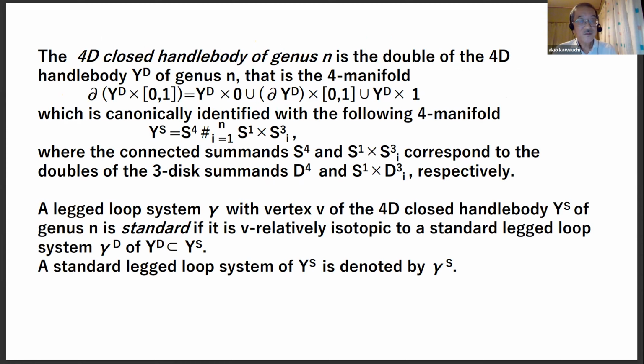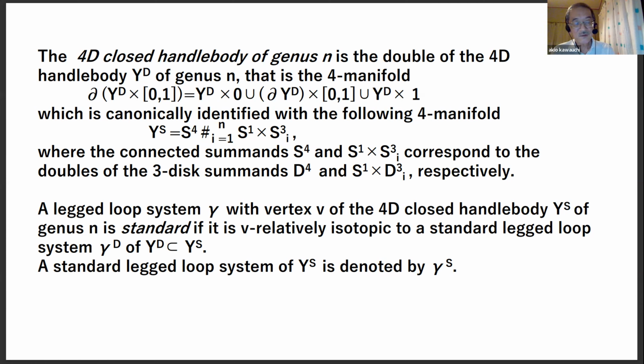The 4-dimensional closed handlebody of genus N is the double of the 4-dimensional handlebody YD of genus N. It is the boundary of two copies pasted canonically, which is canonically identified with the following 4-manifold, which I call YS. It is the connected sum of S4 and copies of S1 cross S3.